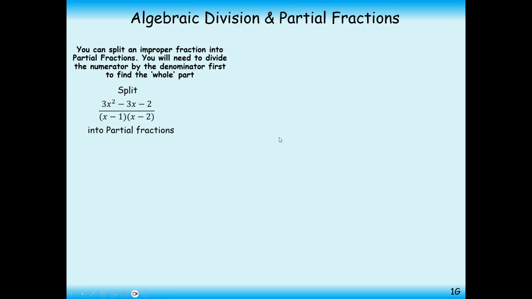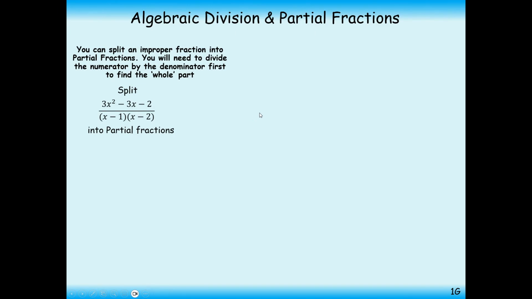Right, so let's look at this final example here. If you multiply out the denominator, you will get an x squared in the denominator with a coefficient of 1. So we can see that already the degrees match up, but the coefficient of 3 in the numerator is larger.